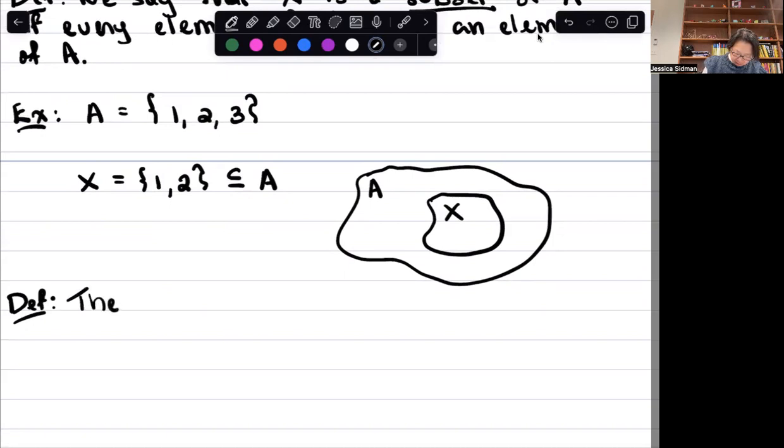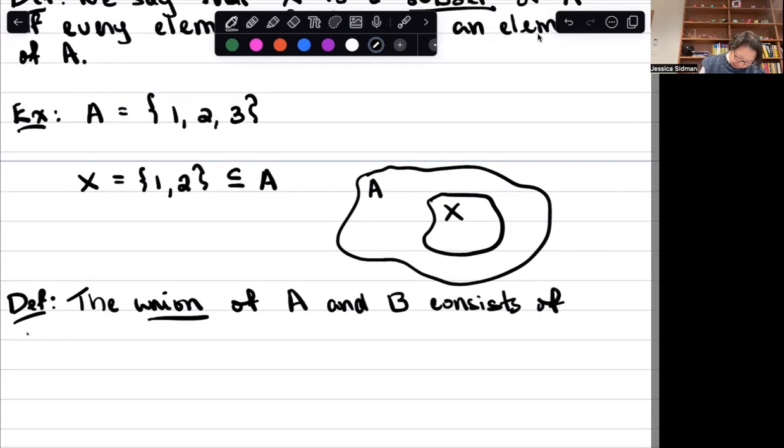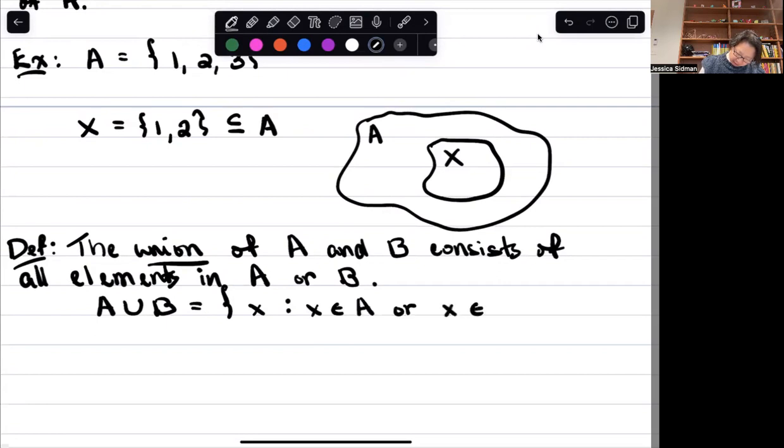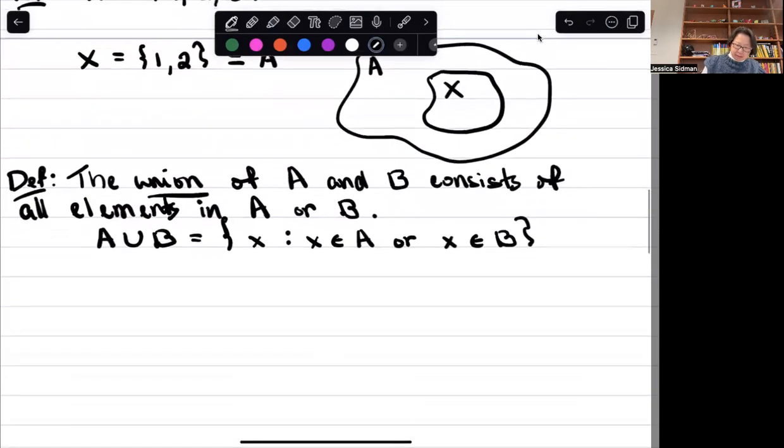So the union of A and B consists of all elements in A or B, and if we use this U for A union B, in set builder notation, we write it's the set of all x such that x is in A or x is in B. Oh, and maybe I'll draw a diagram.